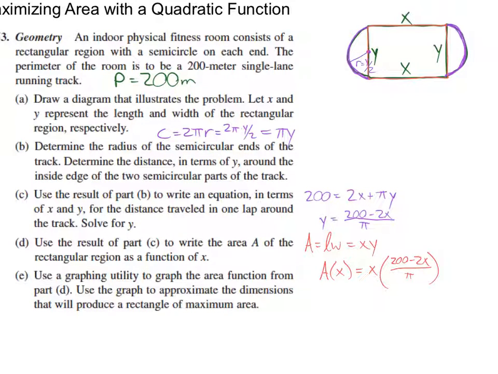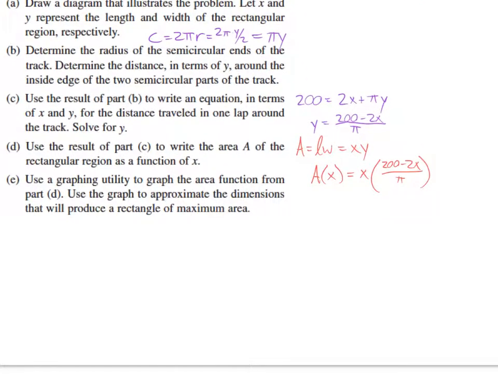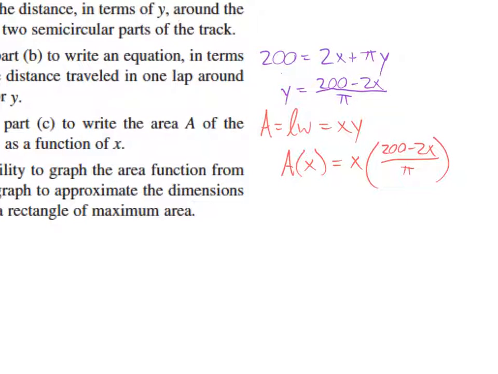Now notice if we distribute the x in, we're going to have a quadratic. And this is what part E was trying to get you to do. We could graph that, but we could even do it without the graphing calculator. Let's take a quick look. I'm going to split this into two separate fractions and distribute the x in.